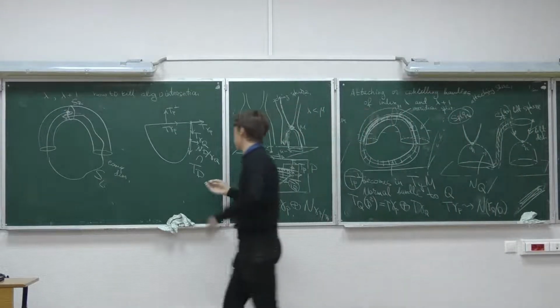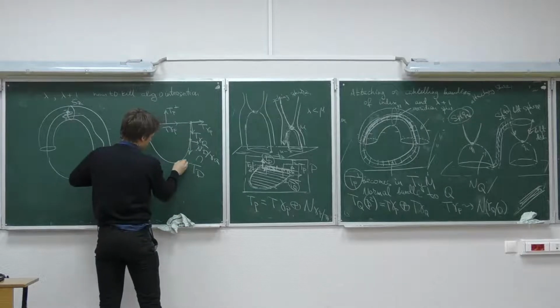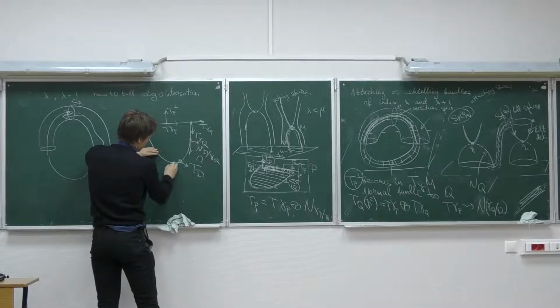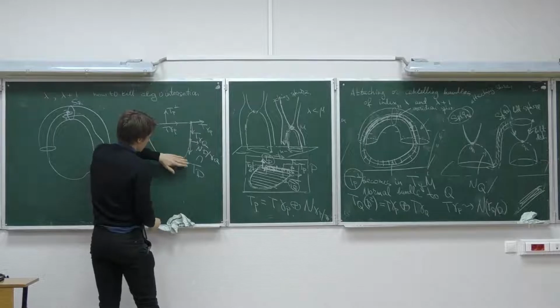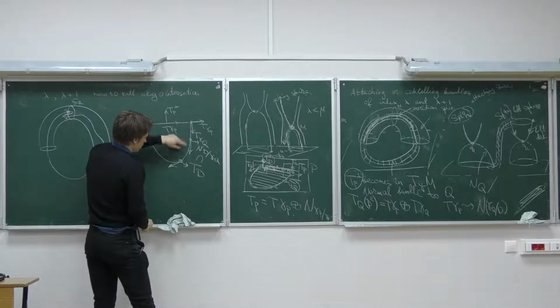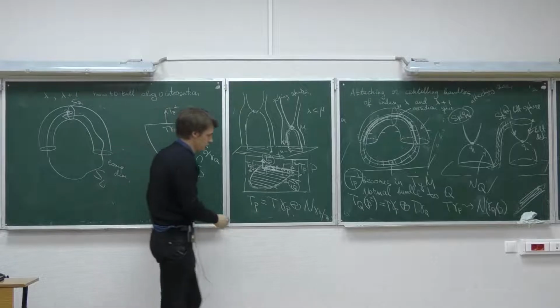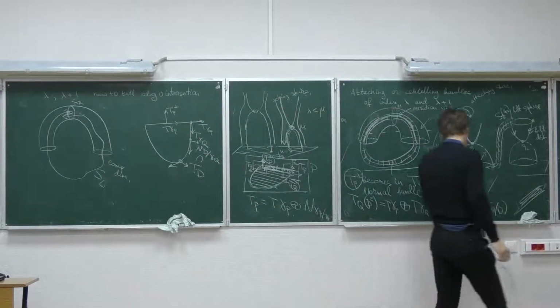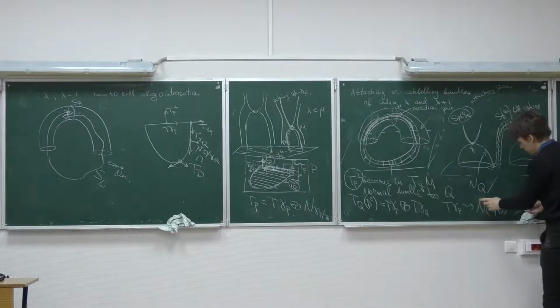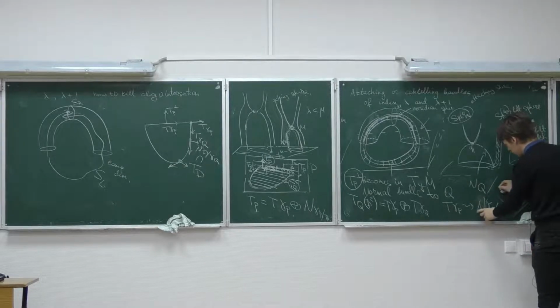The disk gives you the normal direction. So the tangent space to the disk gives you normal. Looking at it in the boundary gives you the corresponding normal direction. So you are looking at the normal direction modulo.